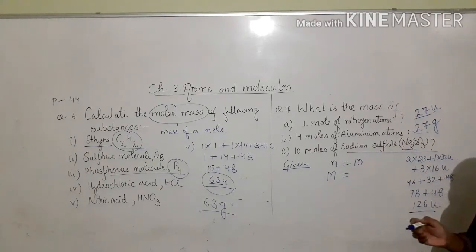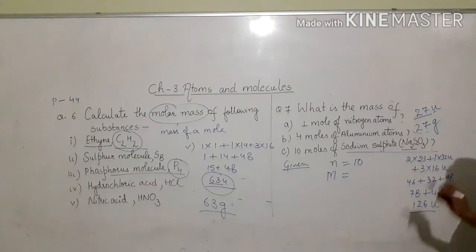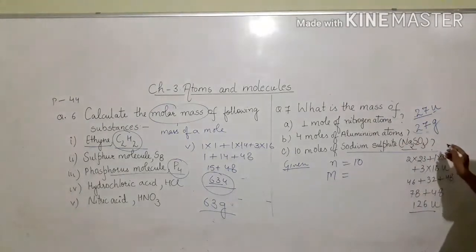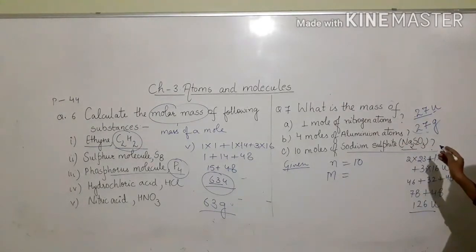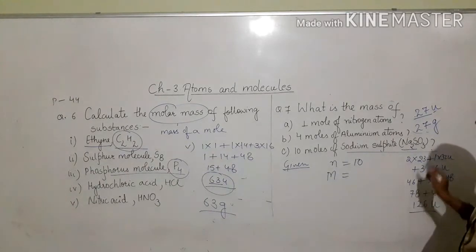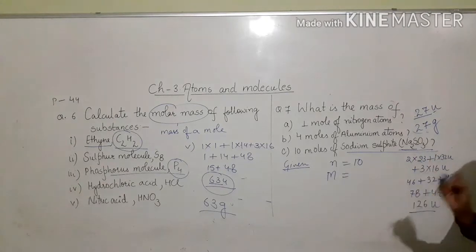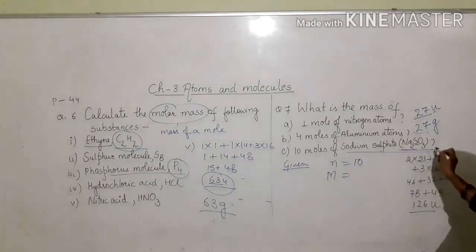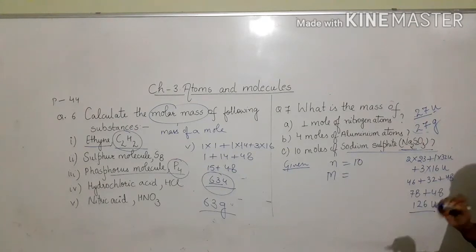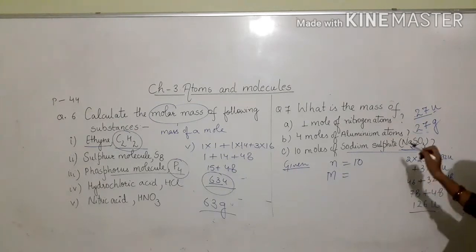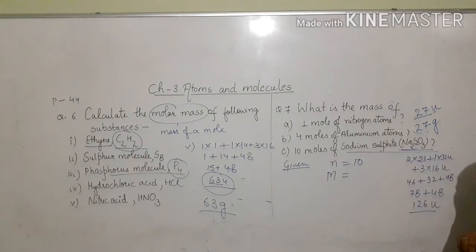Actually, I want to tell you that its molecular mass is known as formula unit mass. Why? Because it is an ionic compound. And as I told you, the formula of one molecule of an ionic compound is the formula unit, and its mass is the formula unit mass.